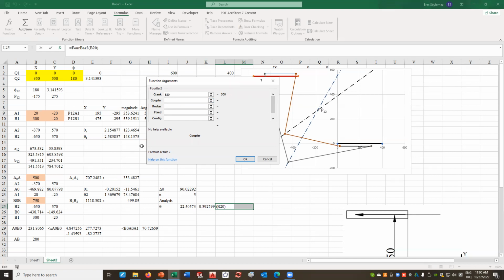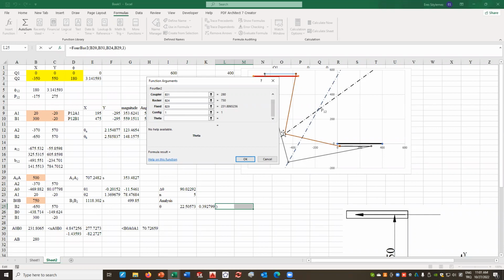Coupler, AB is my coupler. Rocker, B0B is my rocker. Fixed, A0, B0 is fixed. Config, if I'm not mistaken, it should be 1, but we'll check. And then the angle theta.